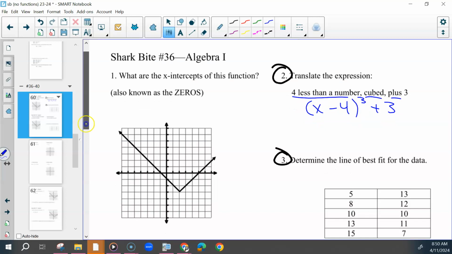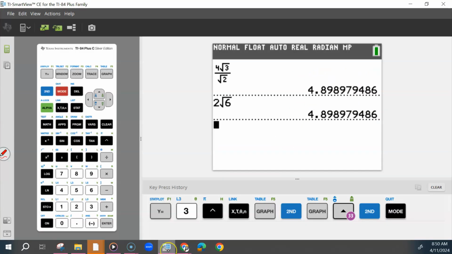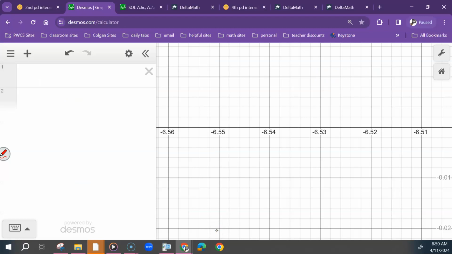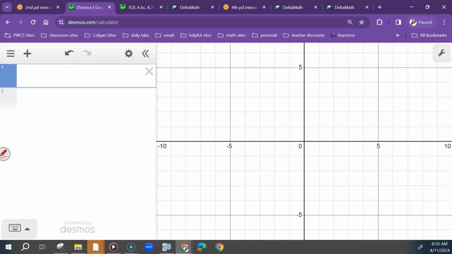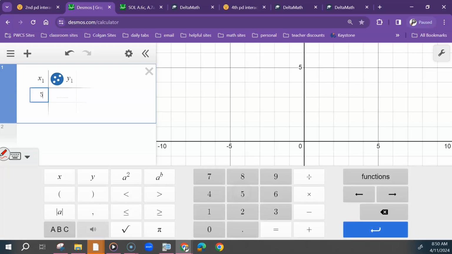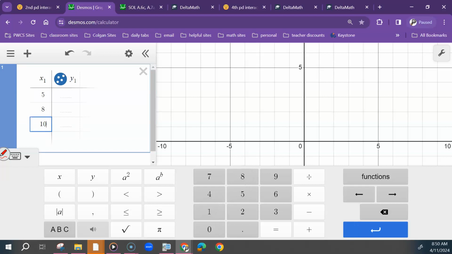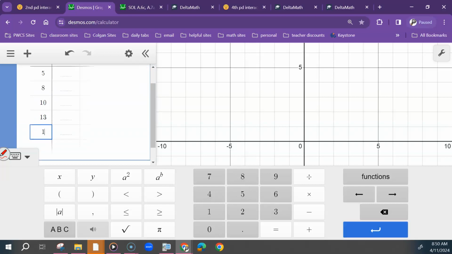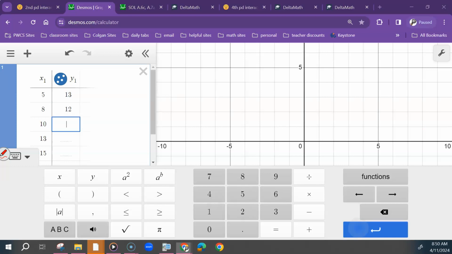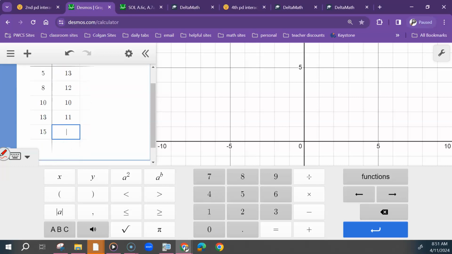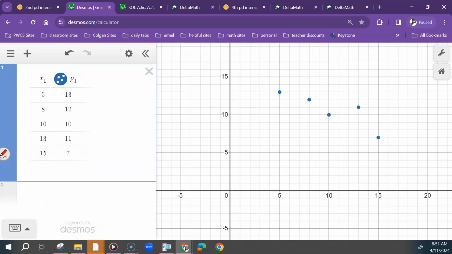Number 3, we want to do in Desmos on the calculator. Then I can see those.